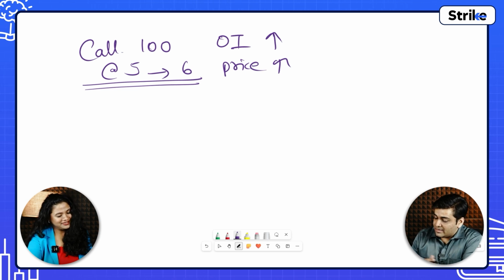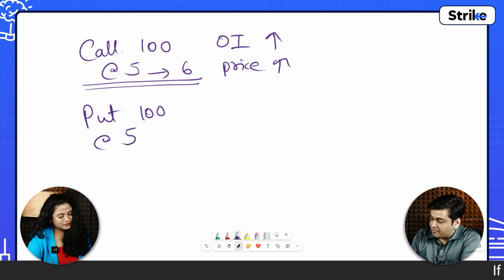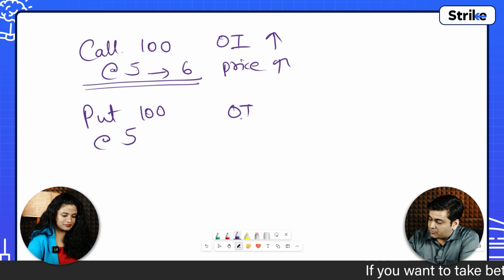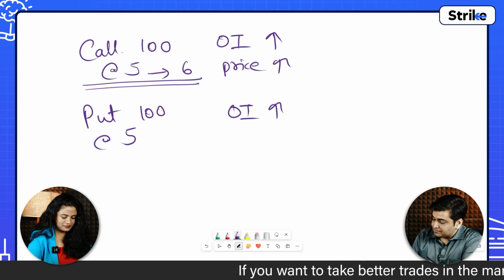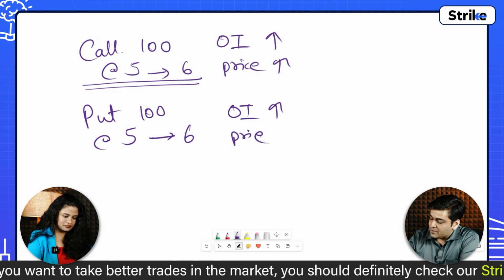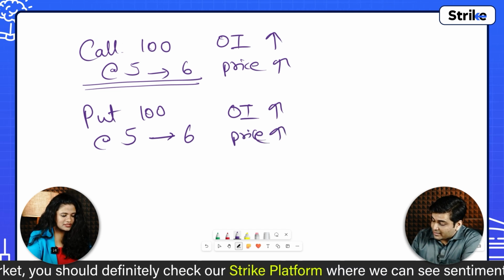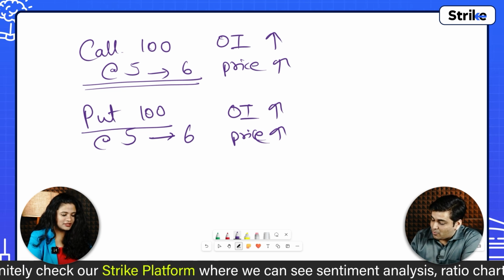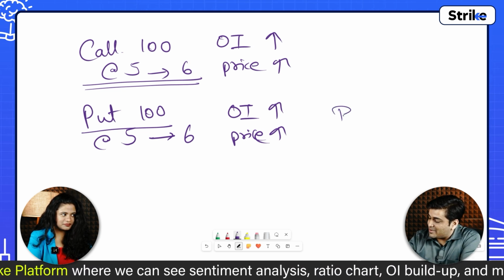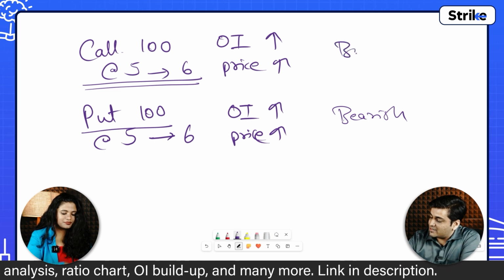Like that, if there is a put of strike 100 trading at, let's say, 5, the OI of this particular put is increasing, and the put price is also increasing. What we will say is that there is a long build up in put. But long build up in put is considered bearish, and long build up in call is considered bullish.